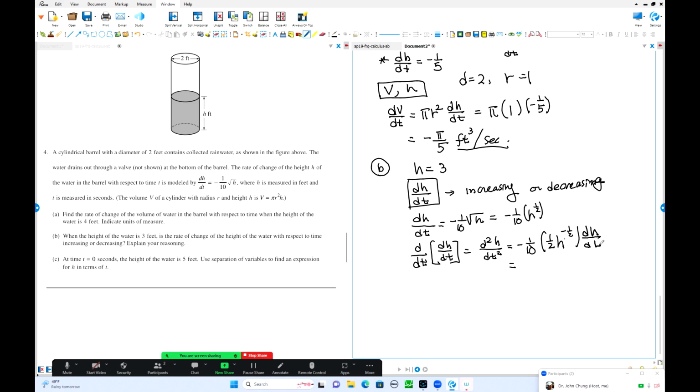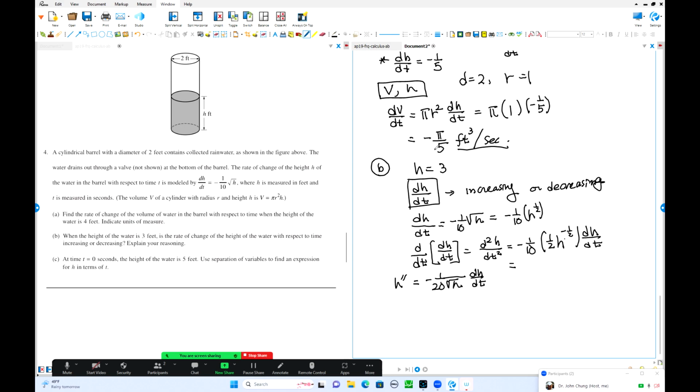Yes, I need a restart. So h double prime equals negative 1 over 20 times 1 over square root of h, and we have to multiply by dh/dt.